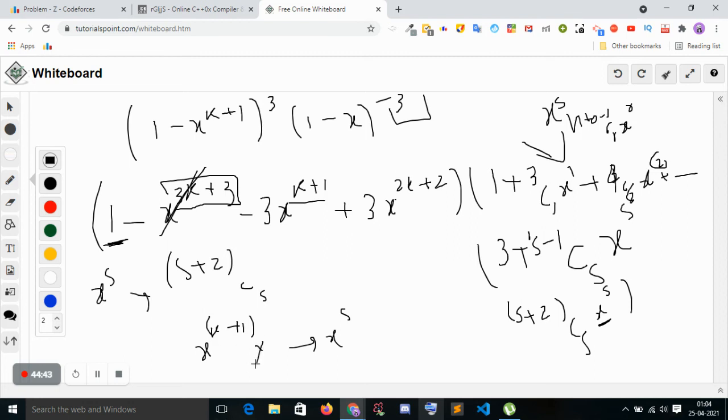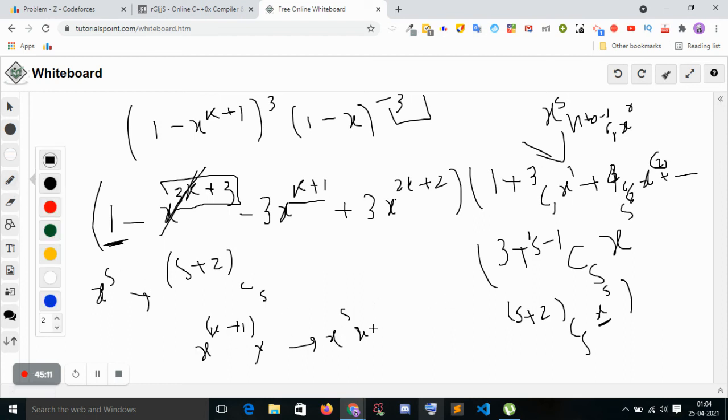I have to multiply x to the power minus k, and I have to multiply k plus 1 minus s. Let's try.